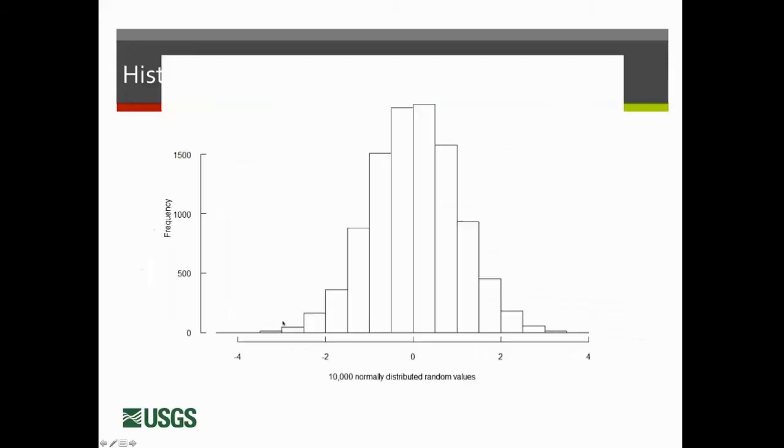If you had normally distributed data, the shape would look like this, where the values occur closest to some central value, and then you have fewer values in the tails. This represents 10,000 randomly generated values from a normal distribution.